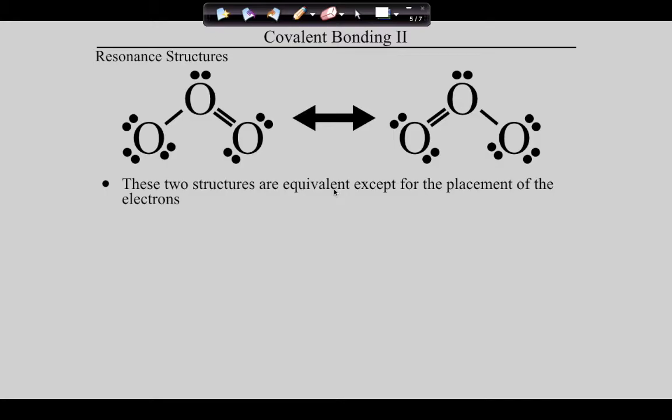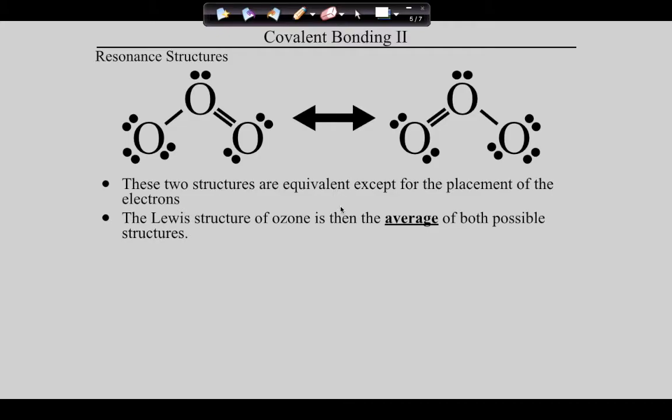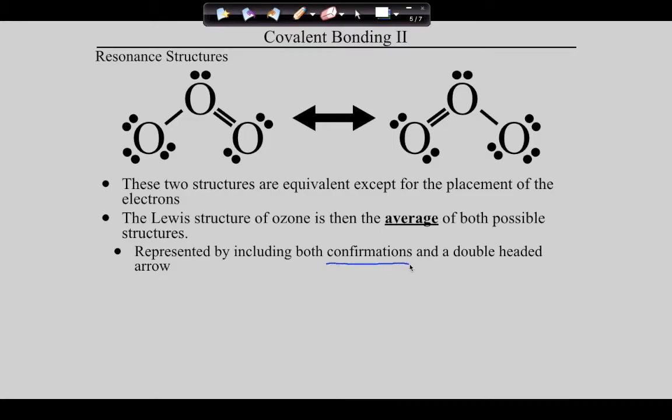But guys, this then is the idea. These two structures are equivalent except for the placement of the electrons. Here the double bond is on the right, here it's on the left. So the Lewis dot structure for ozone is the average of these. We represent this by including both conformations. This is actually a word that you need to know.